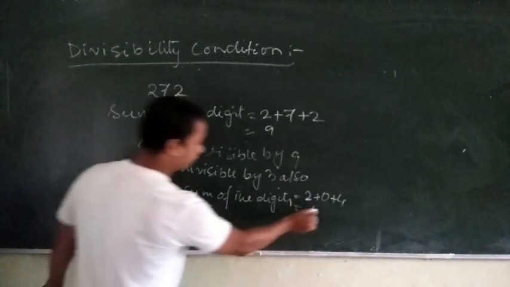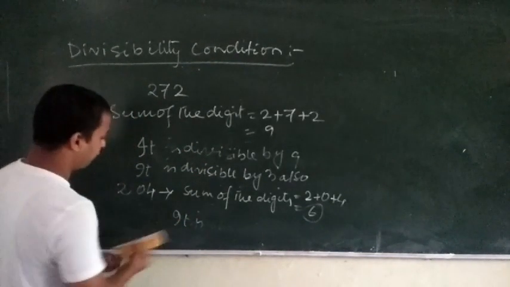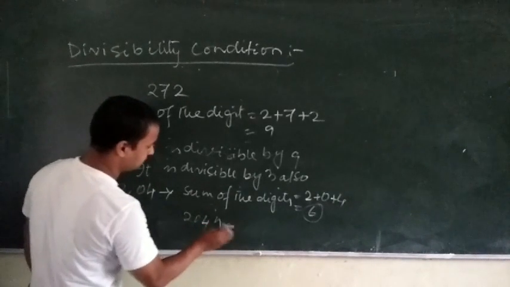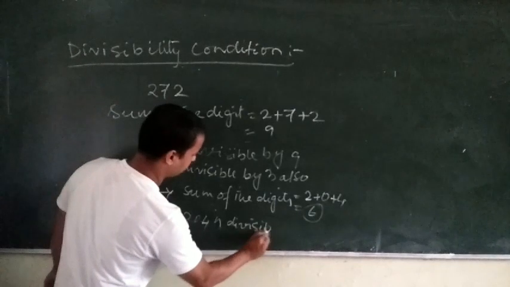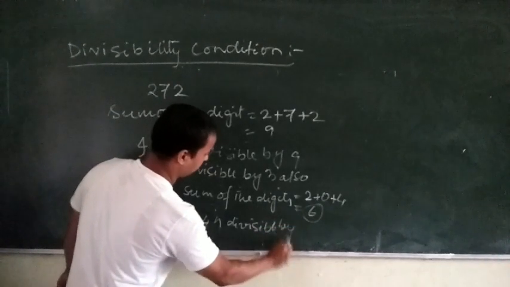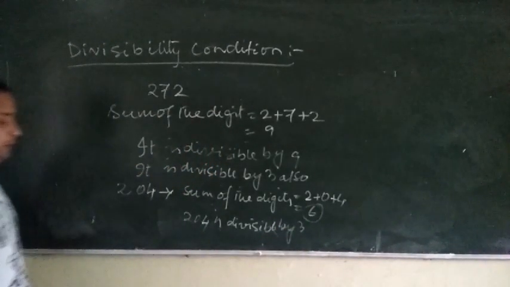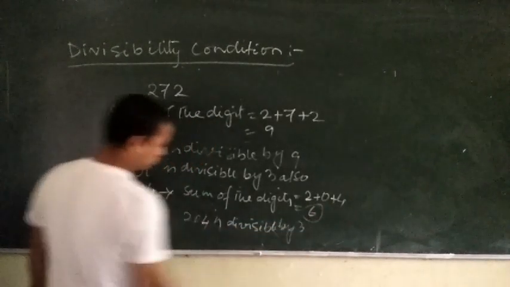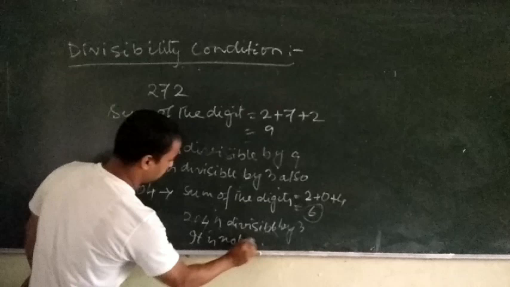Since it is a multiple of 3, 204 is divisible by 3. But 6 is not a multiple of 9, so it is not divisible by 9.